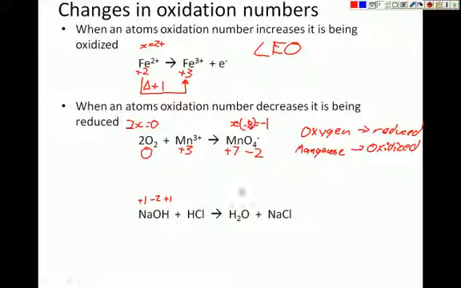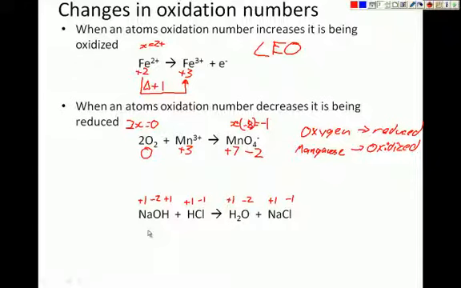Now if we look at this Na, this is going to be plus 1, this is going to be minus 1, this is going to be a plus 1 over here, and this is going to be a minus 1 here, and it's equal to 0. This is going to be a minus 2, and again, this is going to be a plus 1, and it's 2 of these, so it's 2 times this plus 1, and that's going to also equal 0.